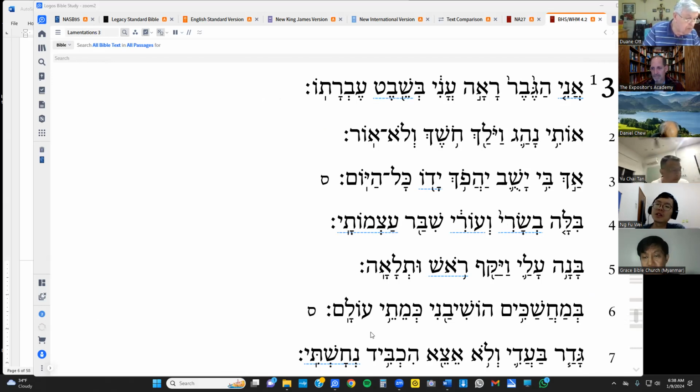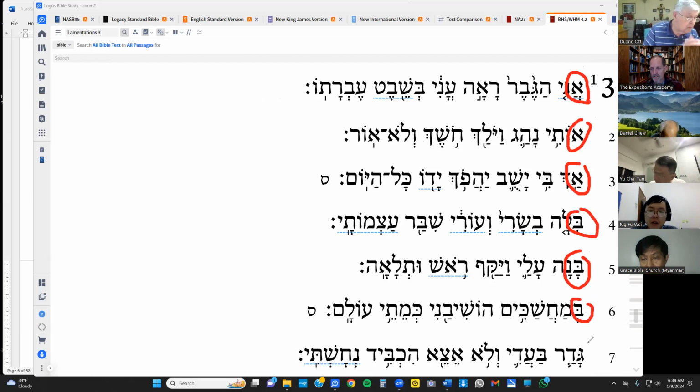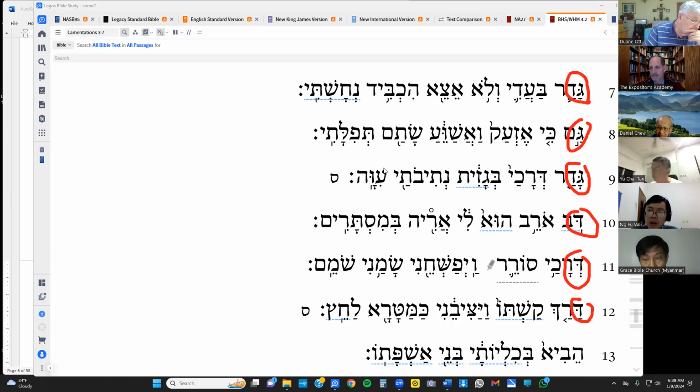It became 3 verses per letter. Verse 1 begins with Aleph, verse 2, verse 3, and then verse 4 changes to Beth. Then verse 5, verse 6. And then when we get to verse 7, Gimel, Gimel, Gimel, verses 7, 8, 9.